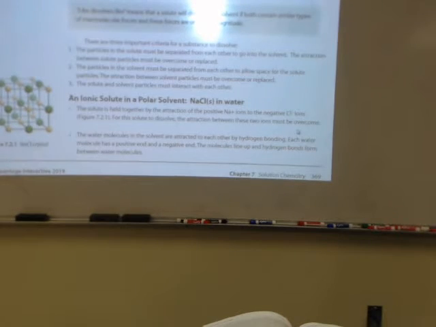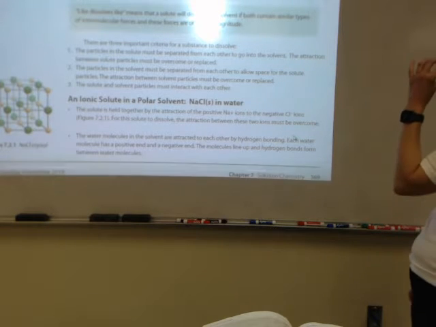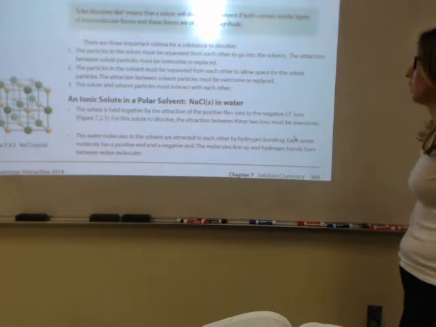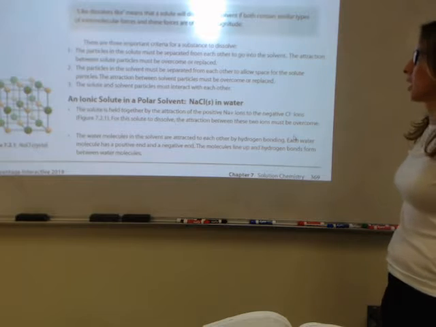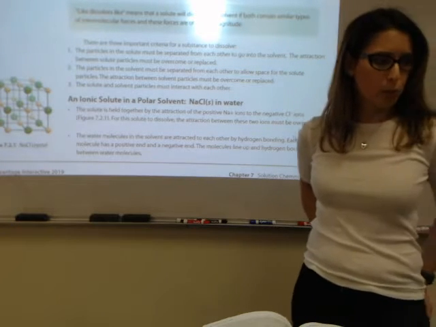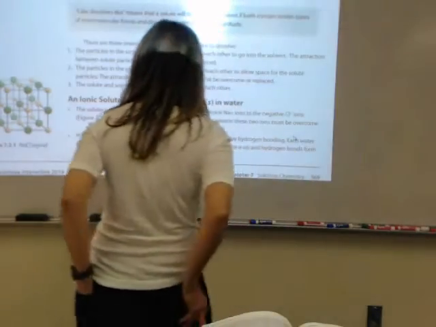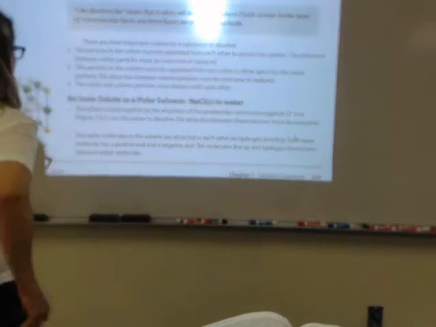So when we're talking about like dissolves like, that means that a solute will dissolve in a solvent if they both contain similar types of intermolecular forces, and those intermolecular forces are of similar magnitude. There are three important things for a substance to dissolve.